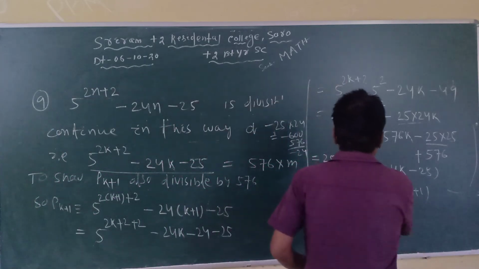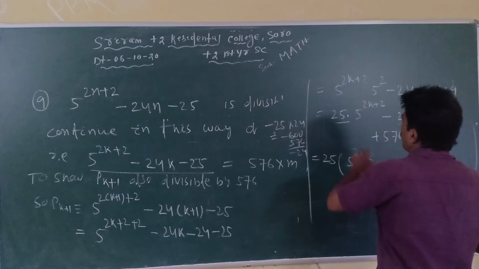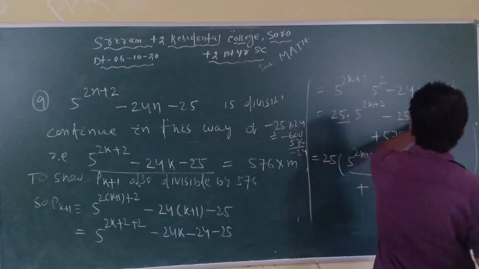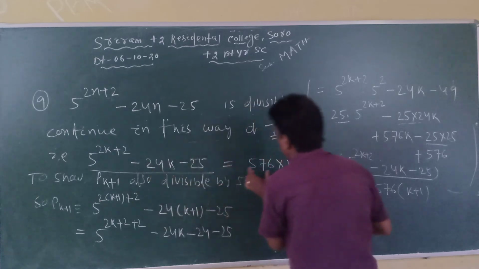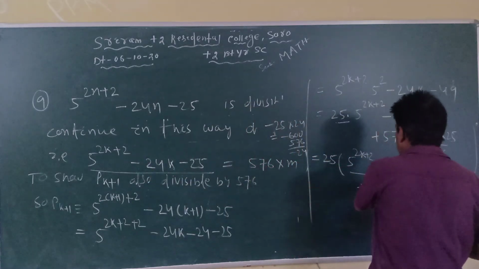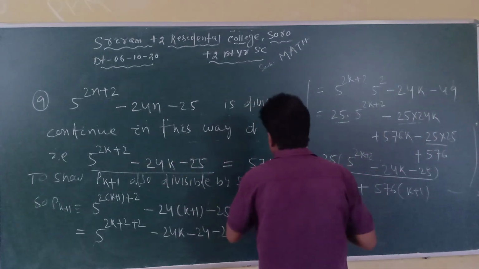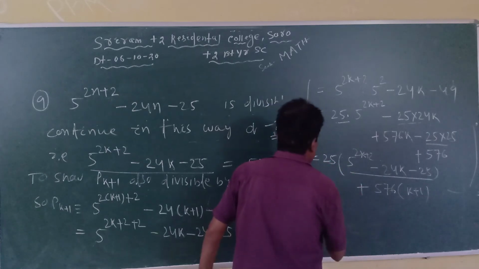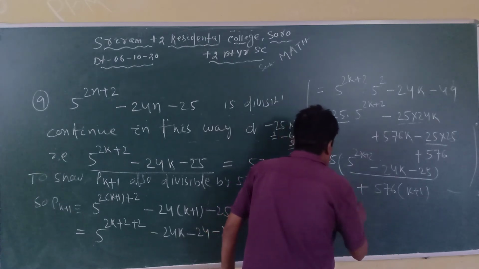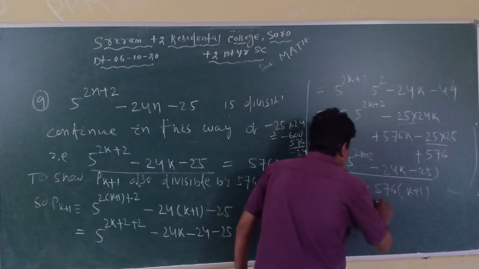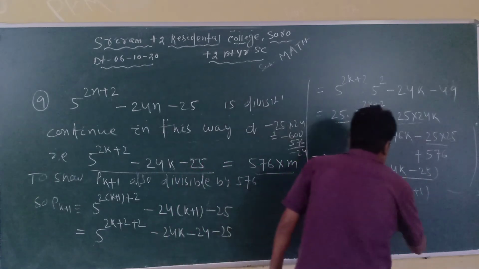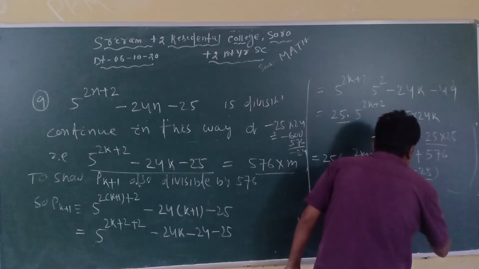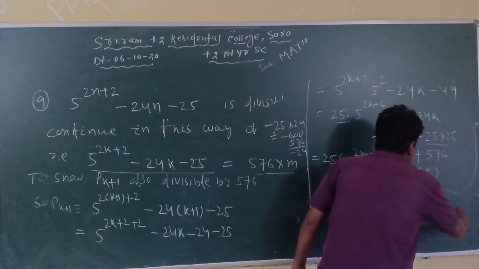Why did I multiply 25 throughout this equation? Because I know that part is equal to 576m. So instead of that term, I am taking 576m. So that becomes 25 into 576m, plus 576 into k plus 1.